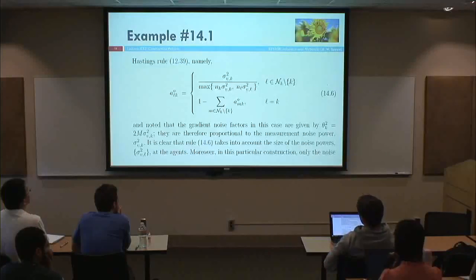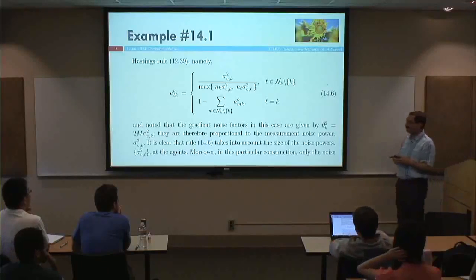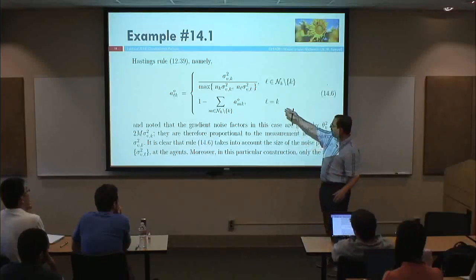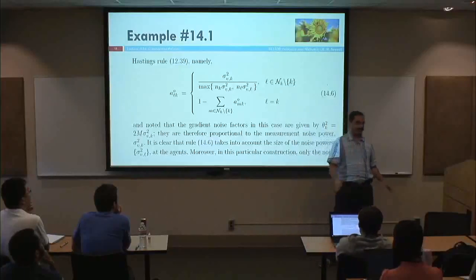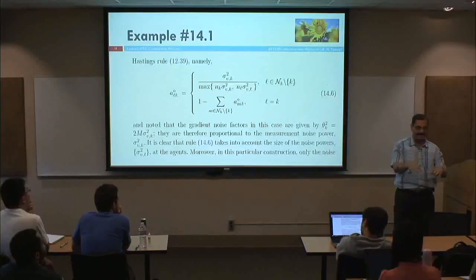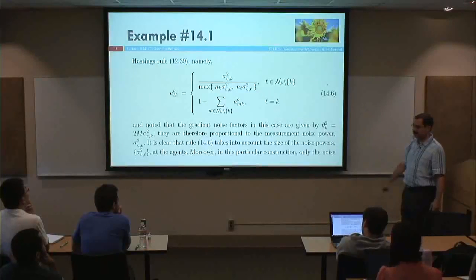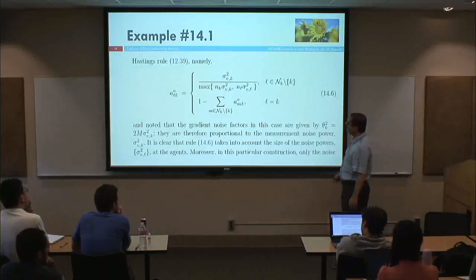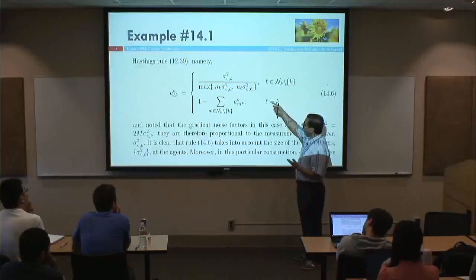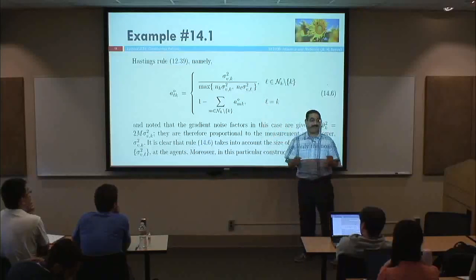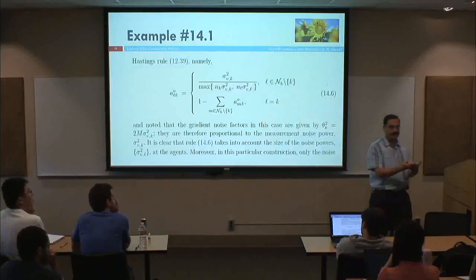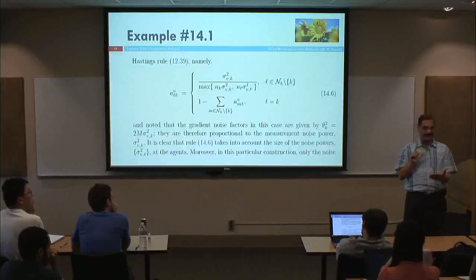So in this case, if I write down what the Hastings rule is, we did this before, right? This is what it turns out to be, the Hastings rule. The RU, because it's uniform, will cancel out from the expression for theta, from the numerator and the denominator, okay? But now, to use this expression that minimizes the MSD will give me a network that will be able to learn with the best MSD, right?